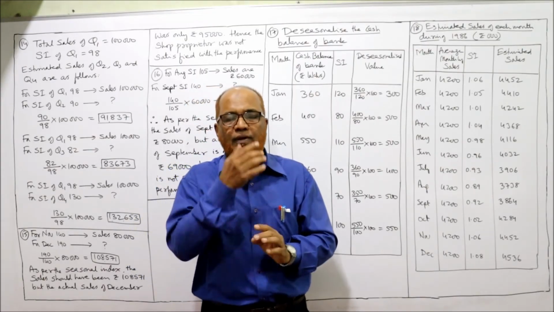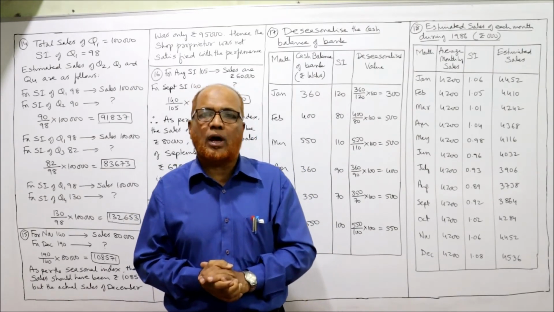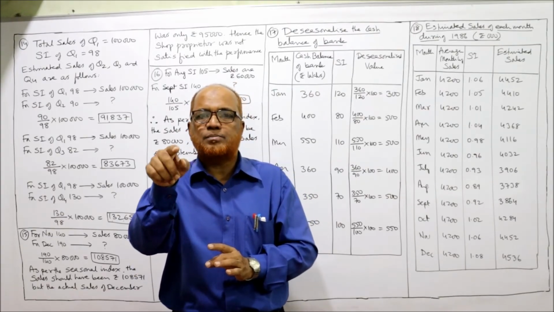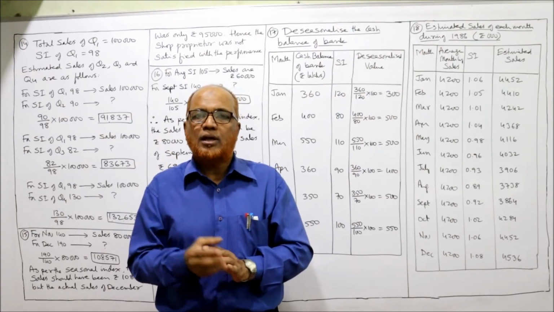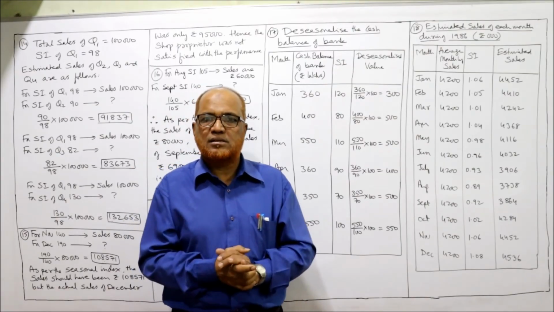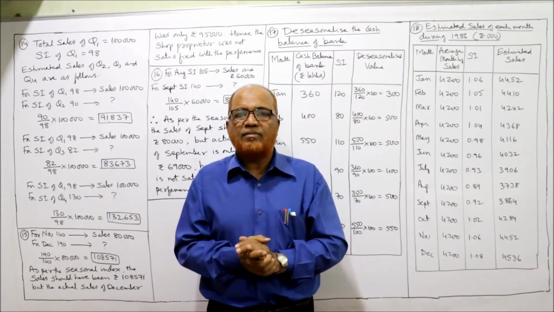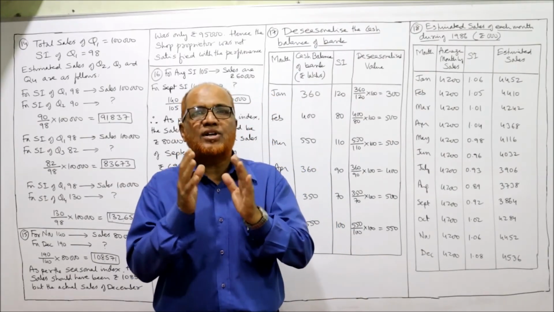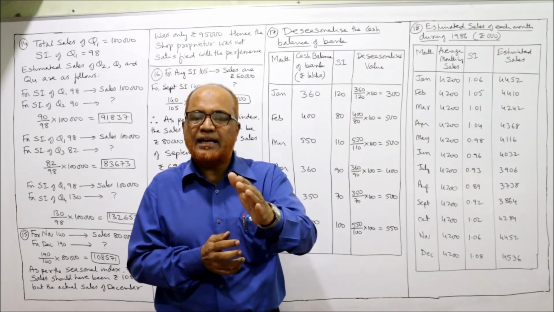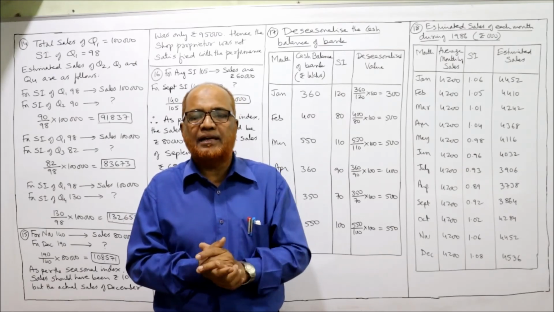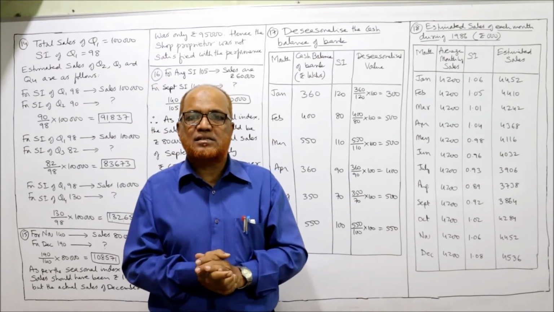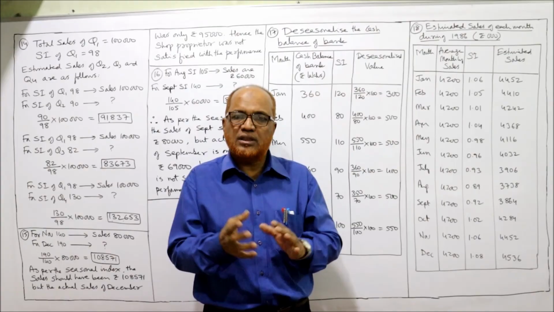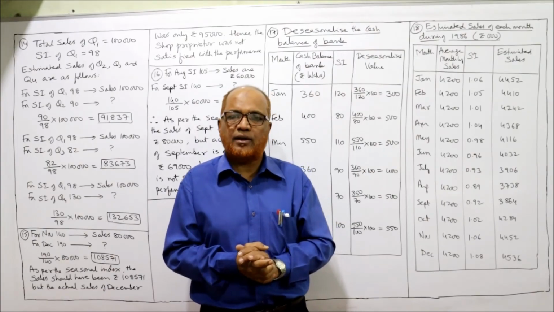Next I explained second degree parabola, where y is equal to a plus bx plus cx square. 3 problems I have given on this parabola. Next, I have done nearly 10 to 12 problems on conversion of annual trend into monthly trend, similarly shifting the base and conversion problems.